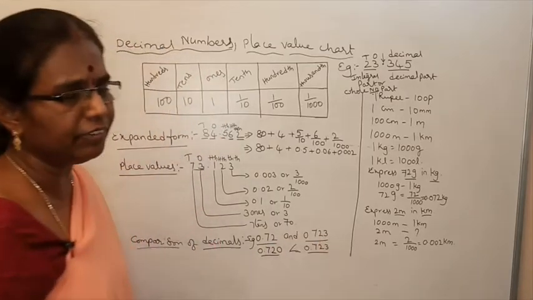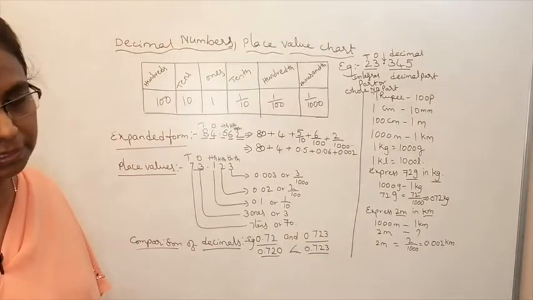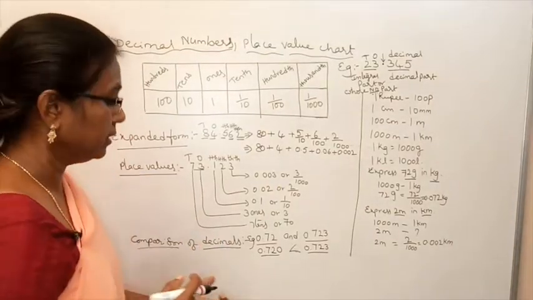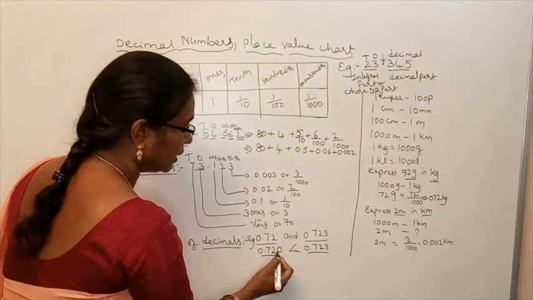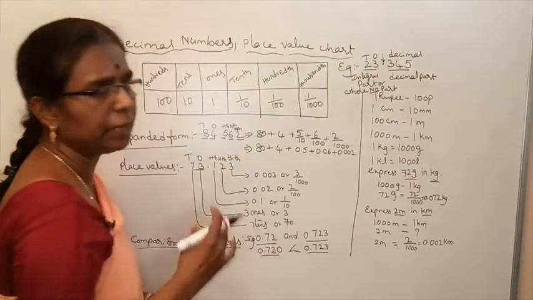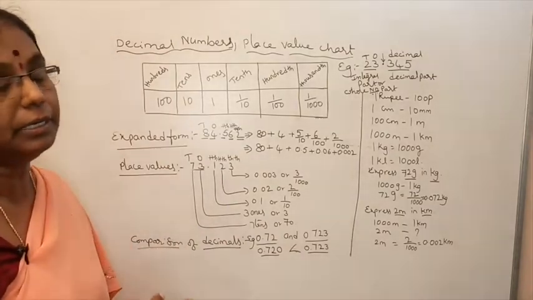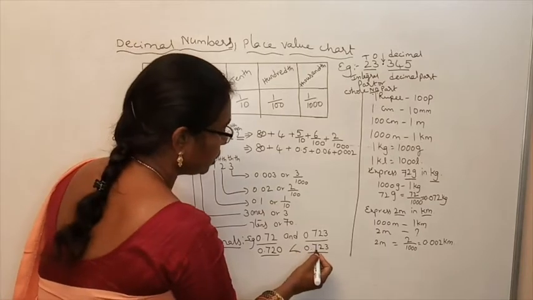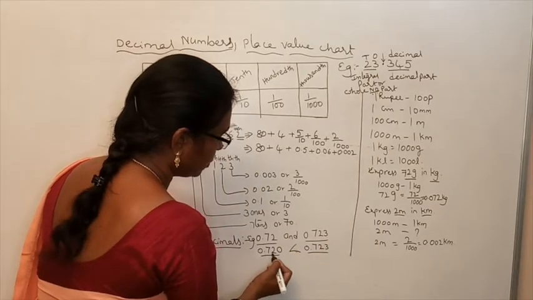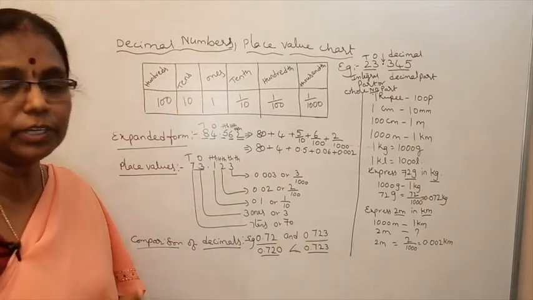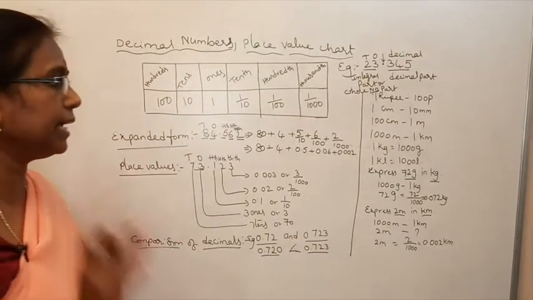Then how do you change them to like decimals? We keep 0 at the end of the number. If you keep any number of zeros at the end, there is no change in value. So 0.720 is less than 0.723. When you compare, you must change them to like decimals.